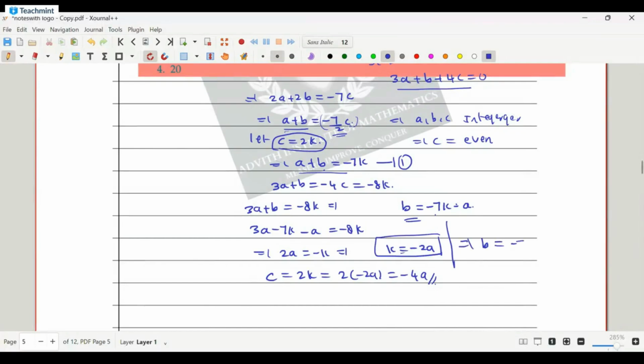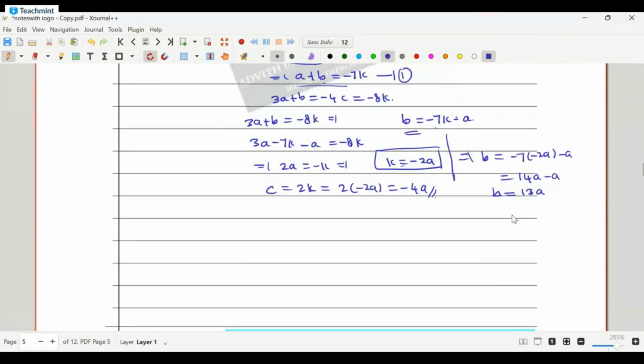B is equal to minus 7 into minus 2A minus A, which is equal to 14A minus A, sir, which is equal to 13A. So C is equal to minus 4A, B is equal to 13A. Therefore, what is (A, B, C)? (A, B, C) equal to A, B is equal to 13A, and C is equal to minus 4A.